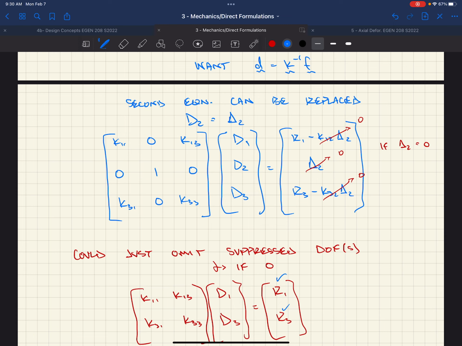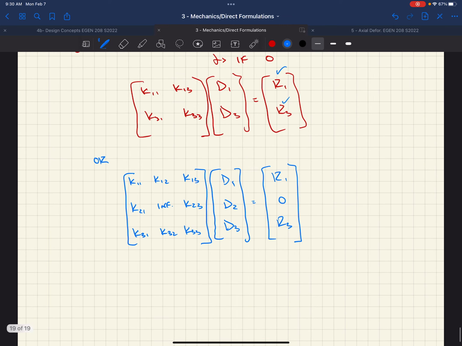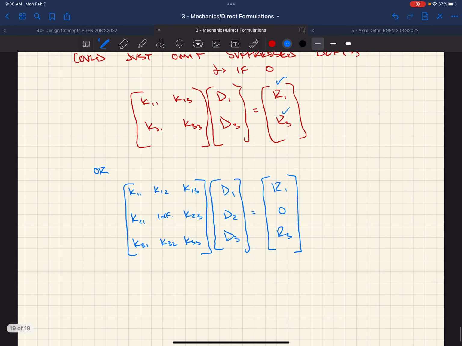Column associated with D2, like K1, K2, K2, K1, 2. But it's associated with known forces where you're originally calculating unknown displacements. And so you really want the rows associated and really the stiffness associated with your displacements, right?